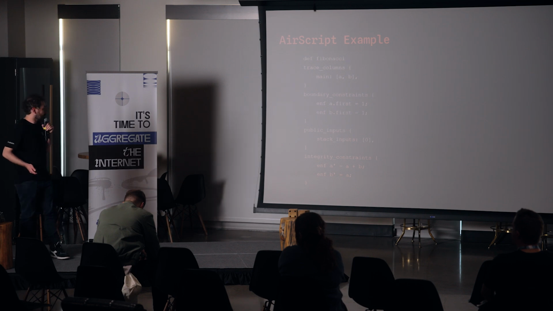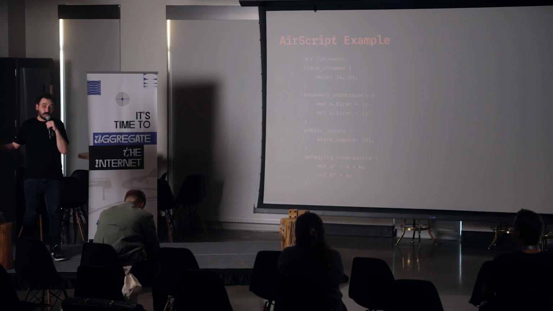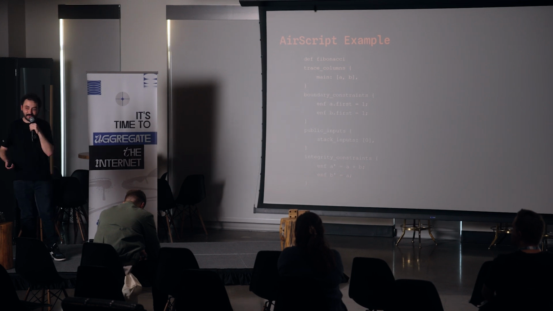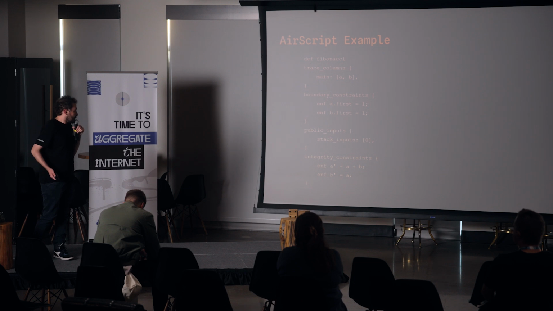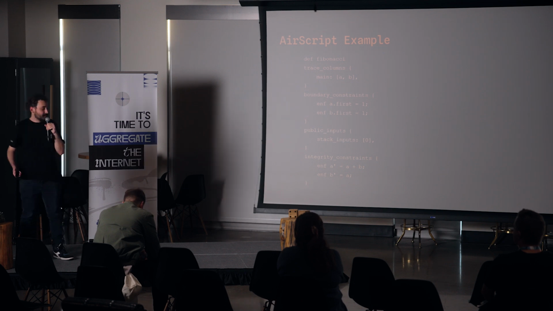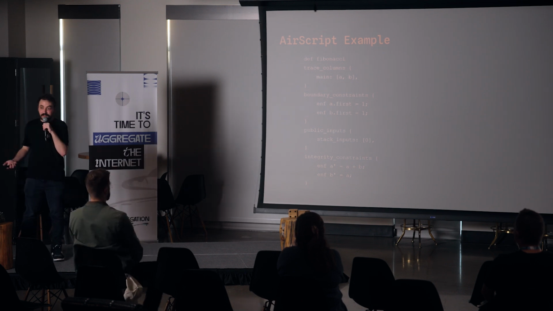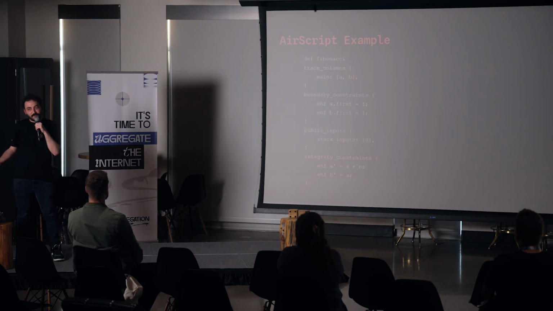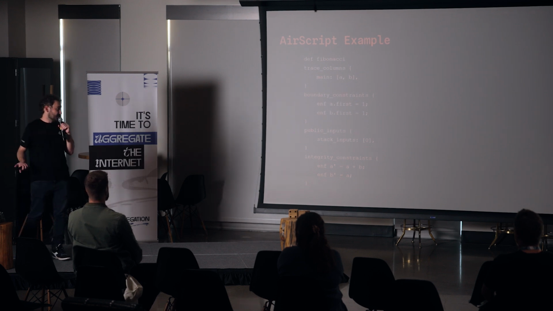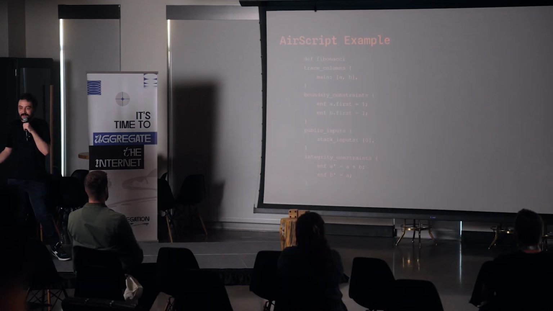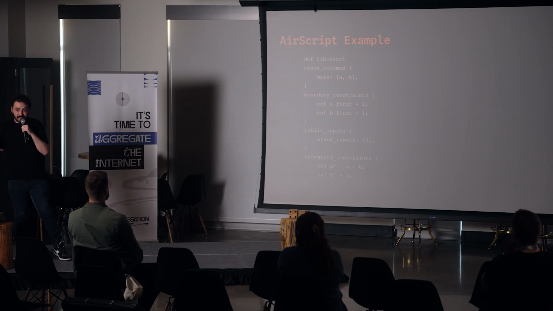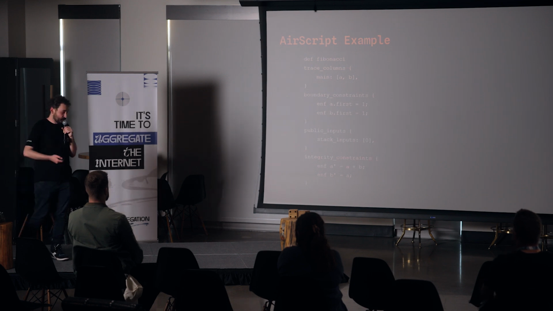We say that we have no public input because the program is fairly simple, but you could actually have some programmability via those public inputs. We then enforce that the next value of A is always equal to the previous value of A plus B, and that the next value of B is equal to the previous value of A.